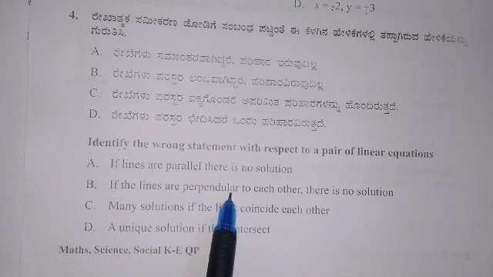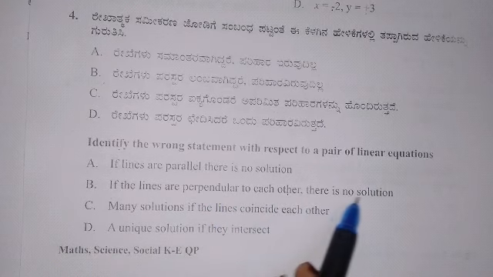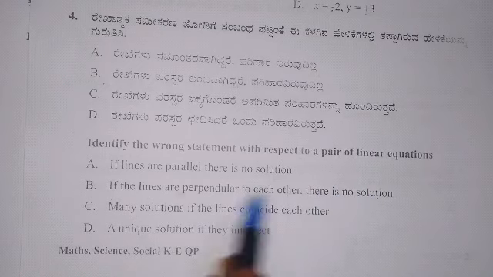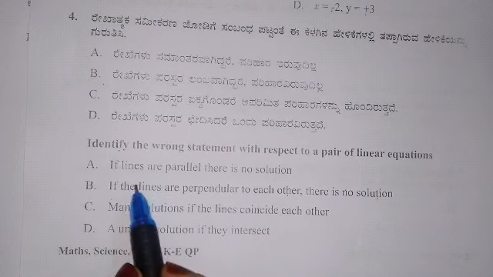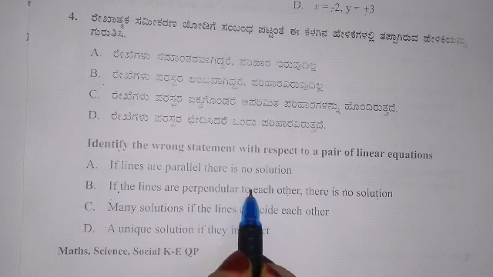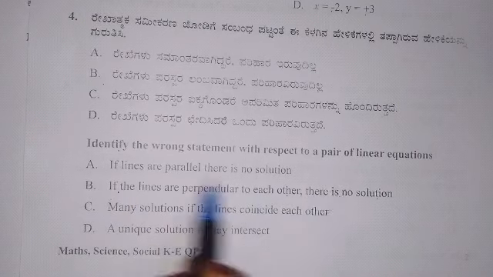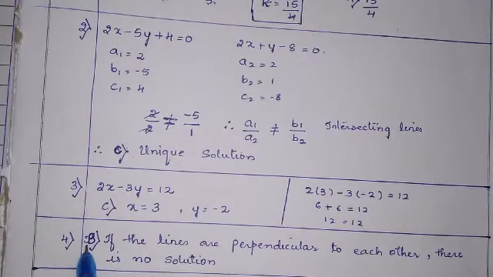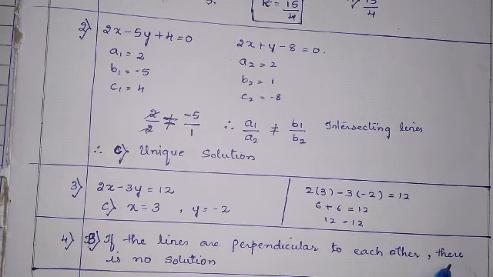But if lines are perpendicular to each other, there is no solution, they have told it is a wrong statement. Here we didn't learn about this statement. Option B is the wrong statement. So you have to write option B: if the lines are perpendicular to each other, there is no solution.